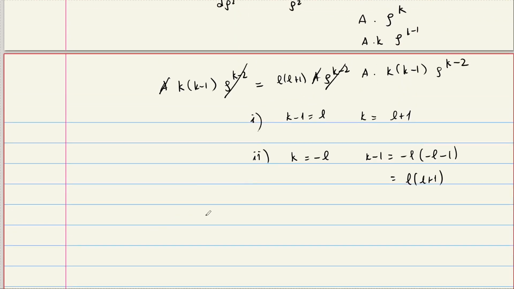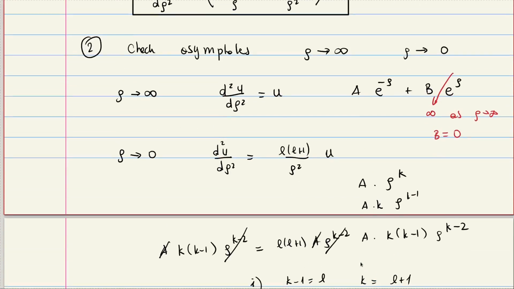Then the most general solution should be something like A rho to the L plus 1 plus B rho to the minus L. But similarly, this thing blows up as rho goes to 0, then take B is equal to 0.